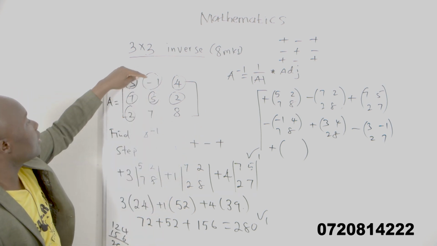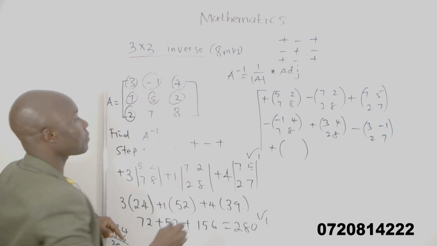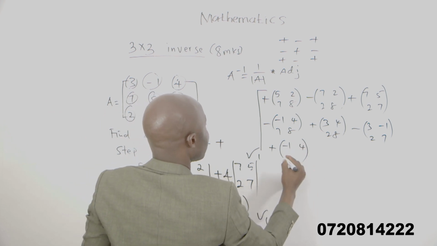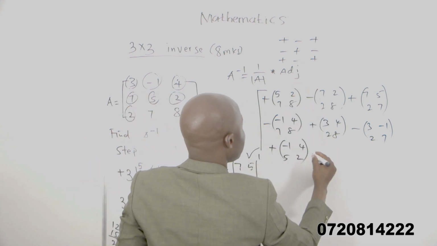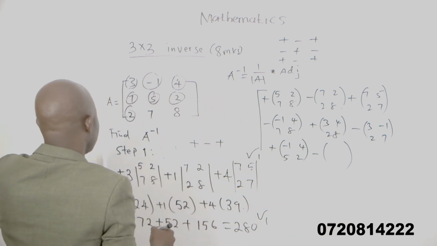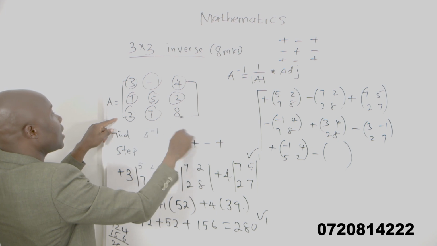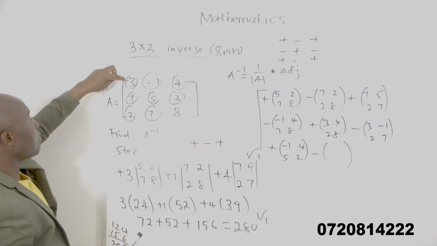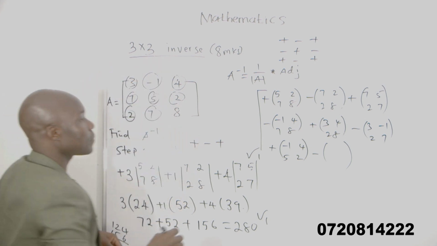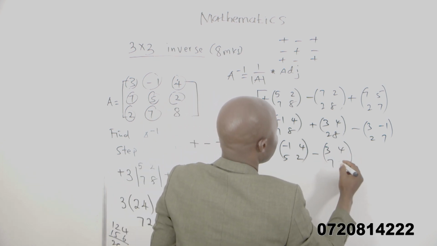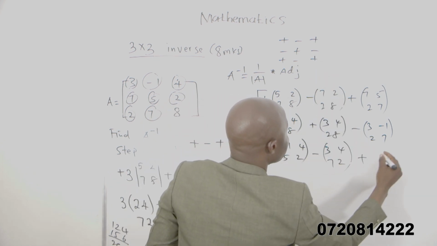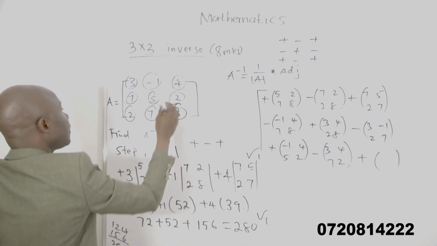We'll remain with negative 1, 4, 5, 2. Then I come here, which is a minus, which at 7, delete that row where 7 is and that column. So you will remain with 3, 4, 7, 2.